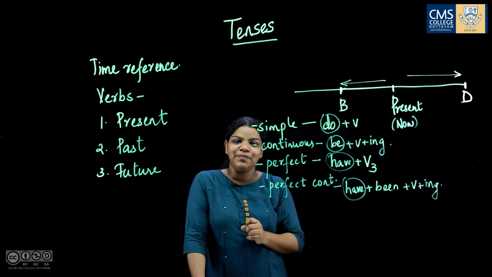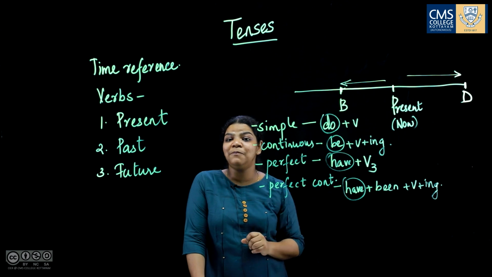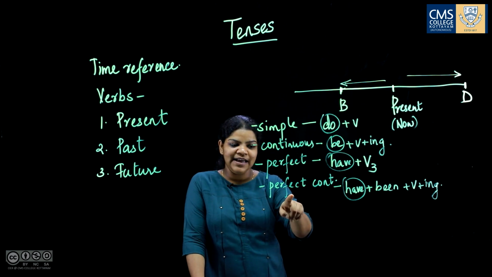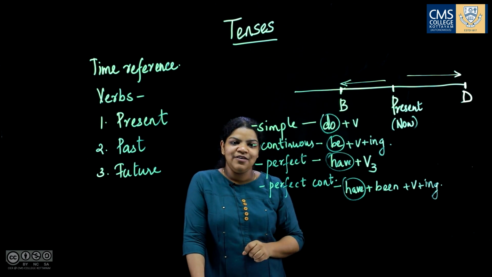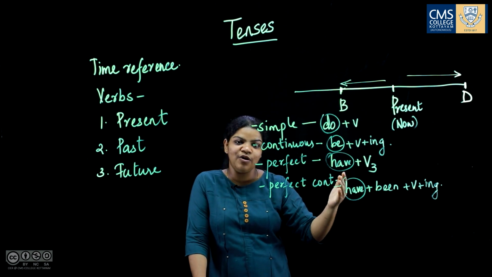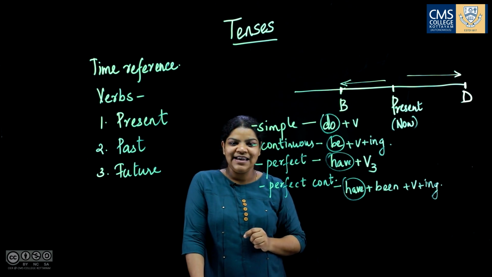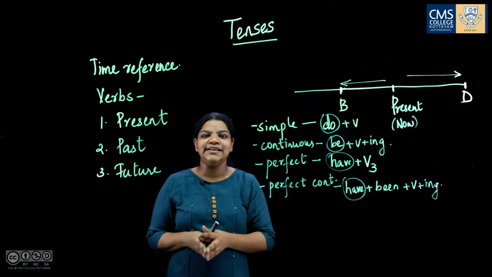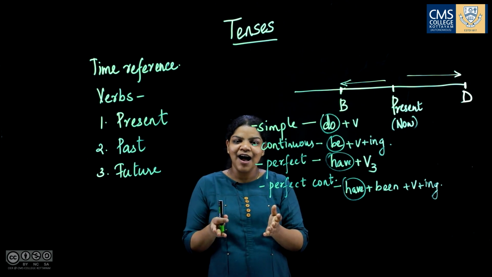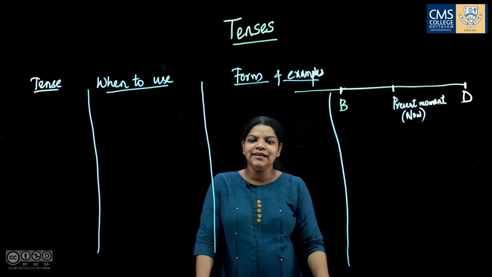Perfect tense would be has or have or had plus the past participle form of the verb. And perfect continuous tense would be a form of have, that is has or have or had been plus verb plus ing. Let's look at the present tense first and study how and when they are used in sentences.